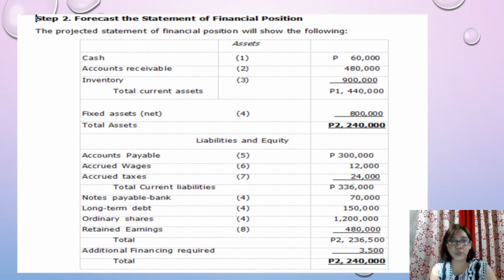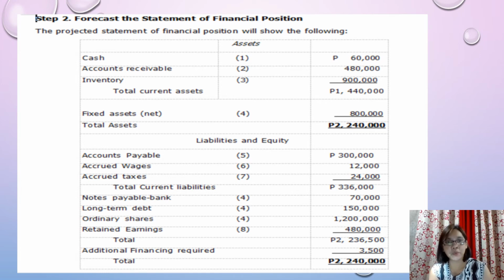Okay, step number 2, forecast the statement of financial position. The projected statement of financial position will show the following. So, makikita nyo po dyan, same lang din po yan sa copy po ninyo, pero magkaiba na po yung amount given kasi nga, nag-expect yung company ng 20% increase sa sales sa susunod na taon.